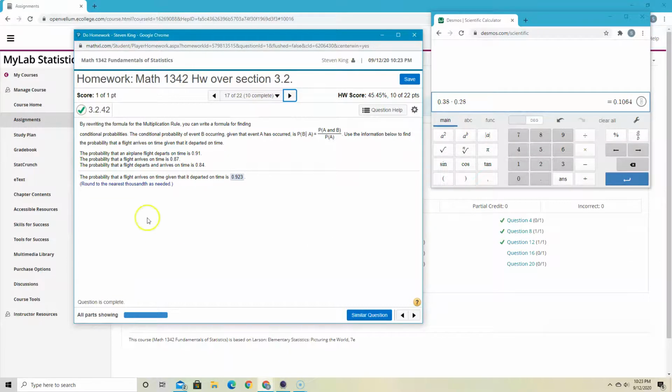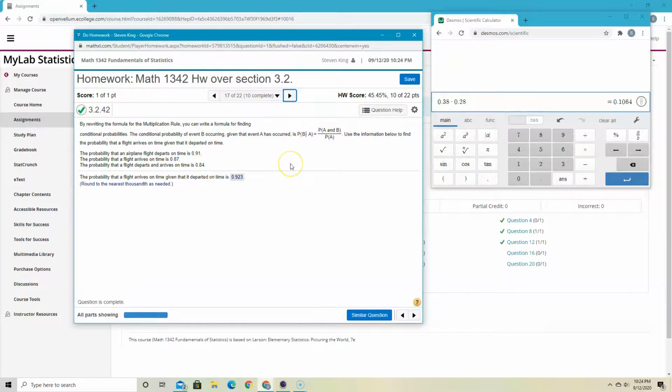So, the probability that an airplane flight departs on time is 0.91. The probability that a flight arrives on time is 0.87. The probability that a flight departs on time and arrives on time is 0.84.